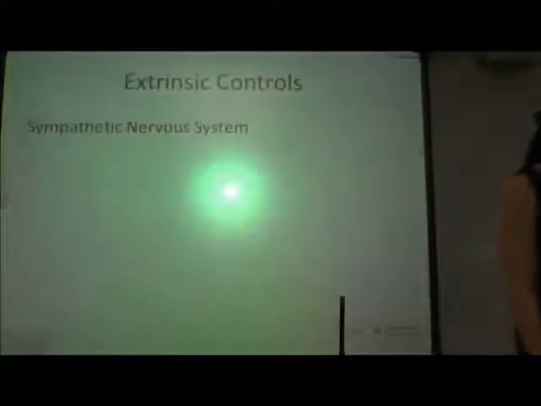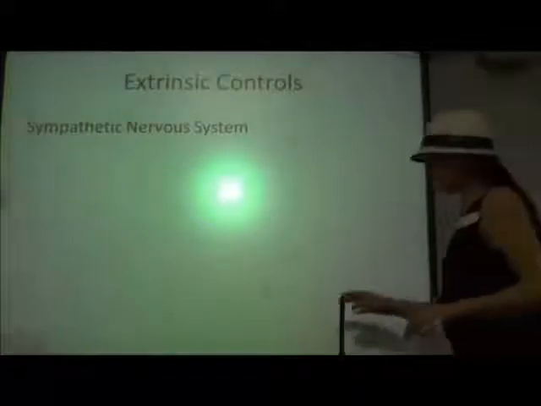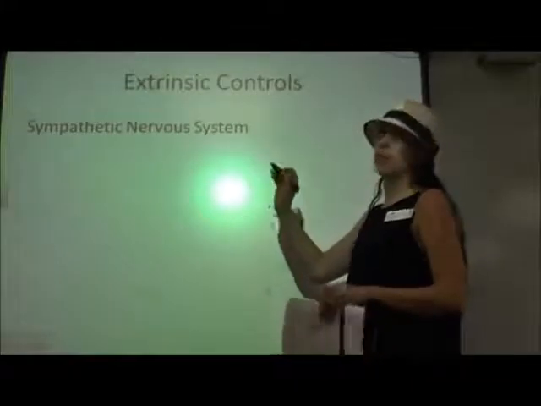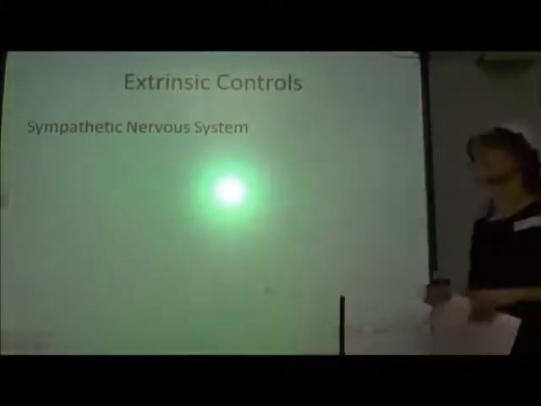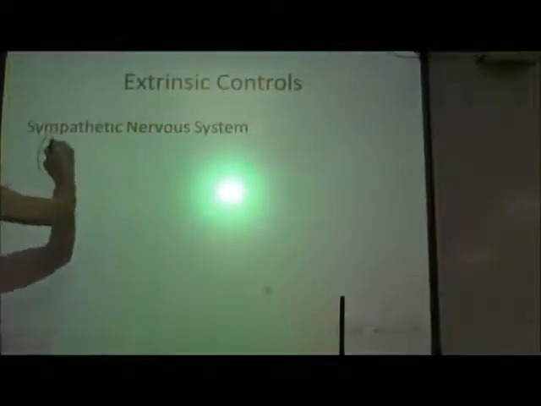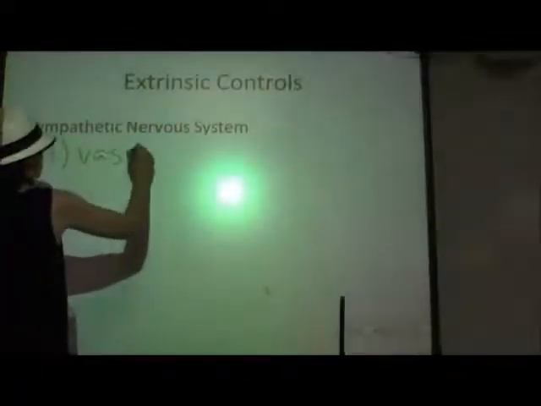Okay. As far as extrinsic control goes, our sympathetic nervous system under extreme stress is going to be able to override the intrinsic controls and stimulate vasoconstriction in that afferent arteriole.